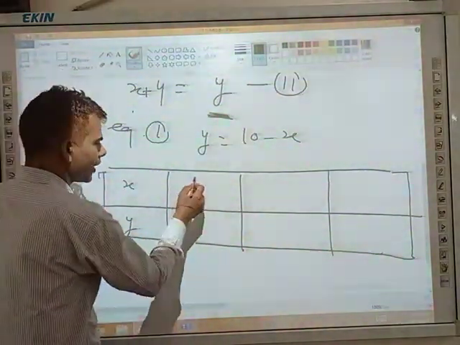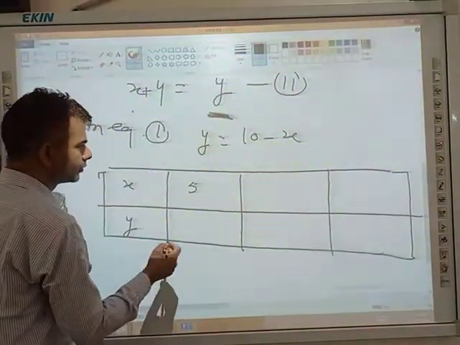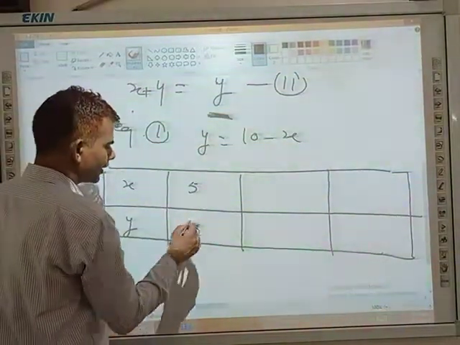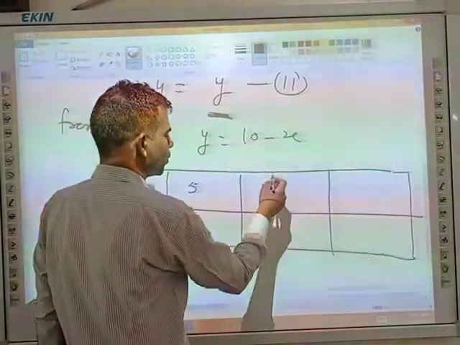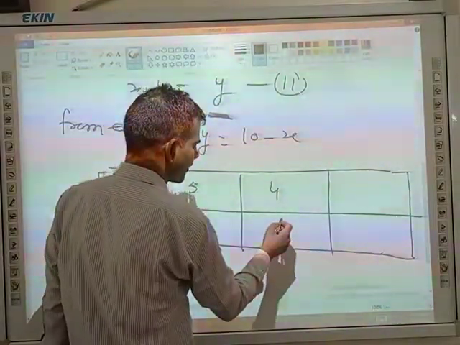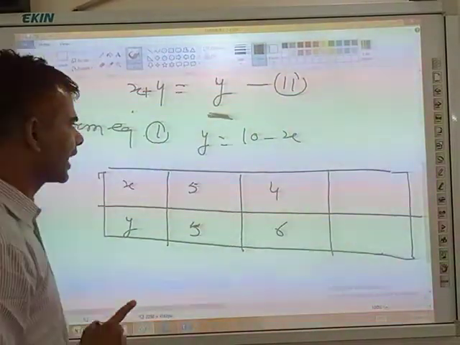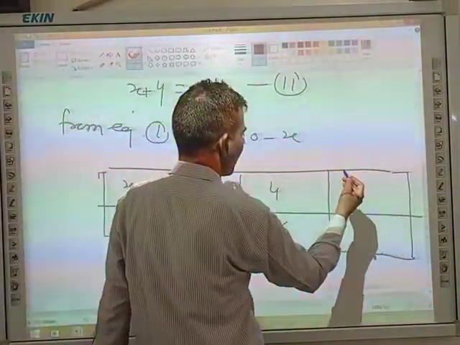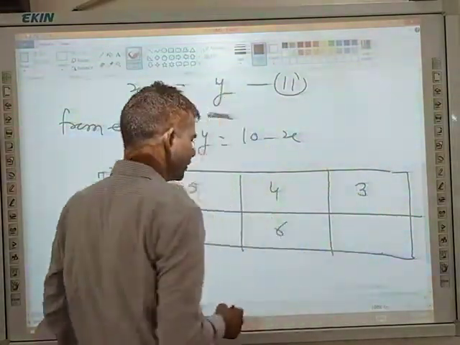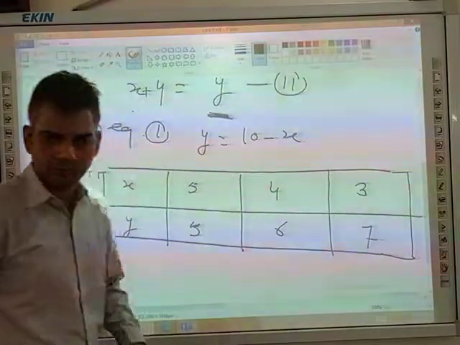If x is 5, then y is 5. Students, if we take x as 4, then y is 6. If we take x as 3, then y is 7.